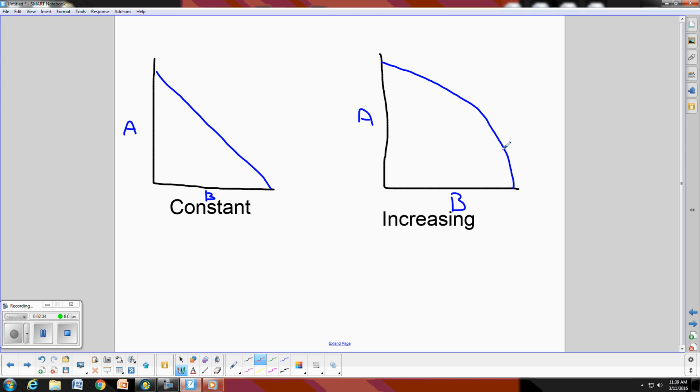However, the increase is the same as the decrease of A from here to here. We are giving up a lot of A to increase just a little bit of B. However, from the middle points, I'm giving up just a little bit of A for just a little bit of B. So it increases the closer I get to full production of one of the products, what I have to give up on the other option becomes increased.